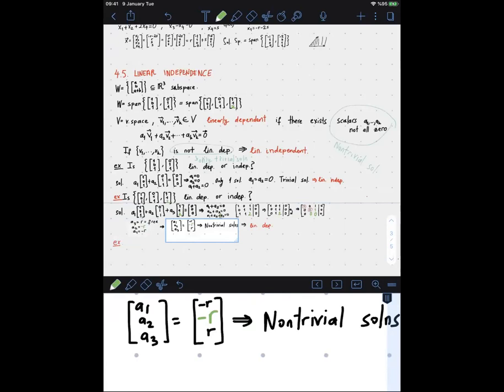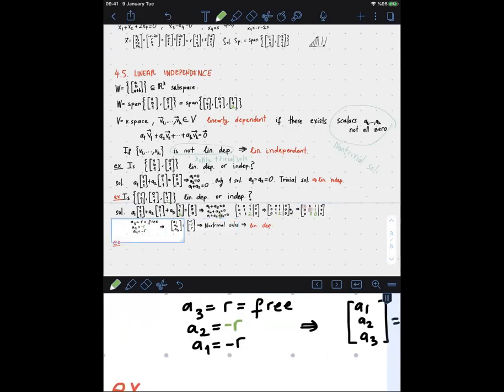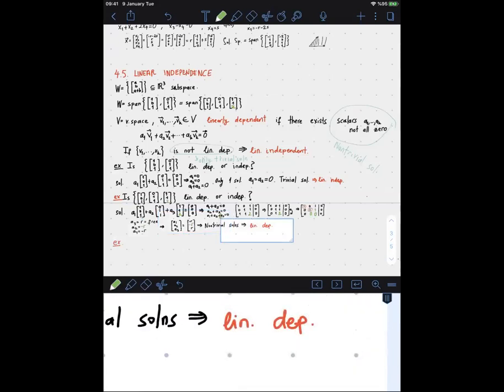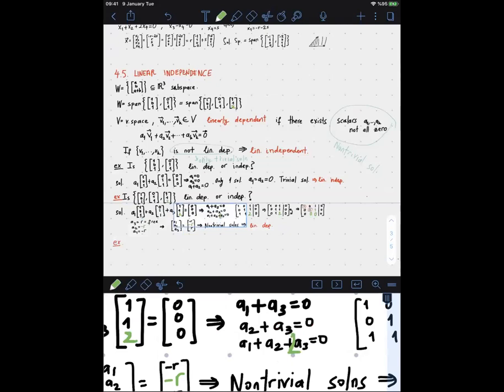No, no. I think I'm making some mistakes here, because A1 plus A2 plus 2A3 must be 0. This is correct. Now we fixed that. I'm very sorry. So let's check if it's satisfying all the equations. A1 plus A3 is minus R plus R, satisfying; and minus R minus R plus 2R equals 0.